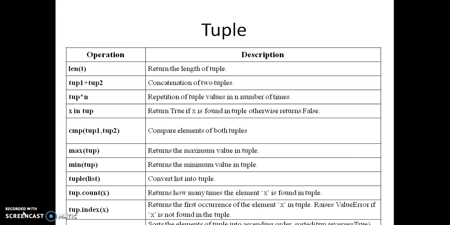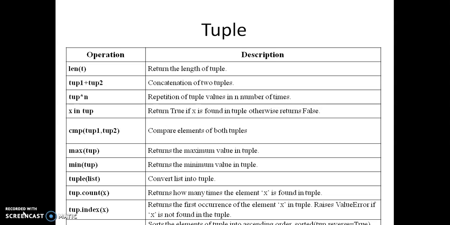And these are the functions of the tuple. Len is to get the length of the tuple, the number of elements in the tuple. And tuple 1 plus tuple 2 is concatenation of the tuples. That is, we can combine the elements of one tuple with the elements of another tuple, and form one new tuple.